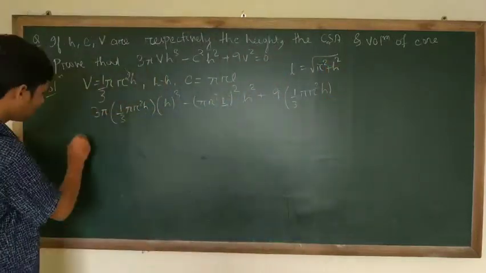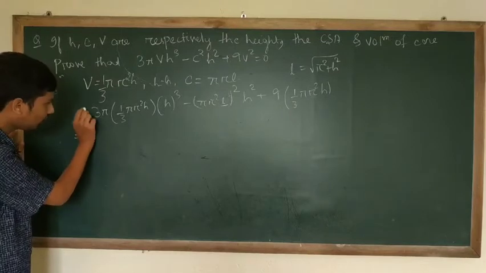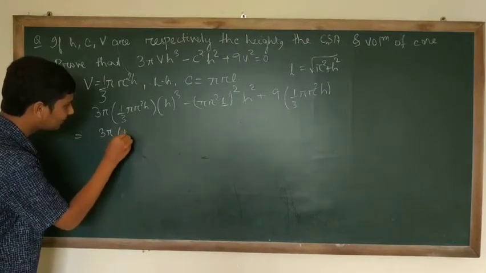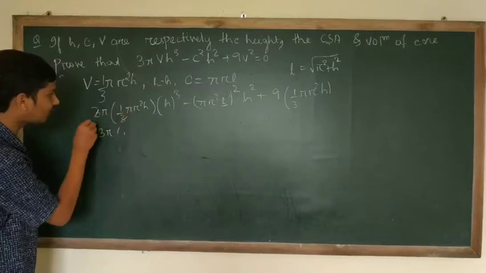So now this becomes equal to 3 pi into 1 by 3, 1 by 3 is cancelled.